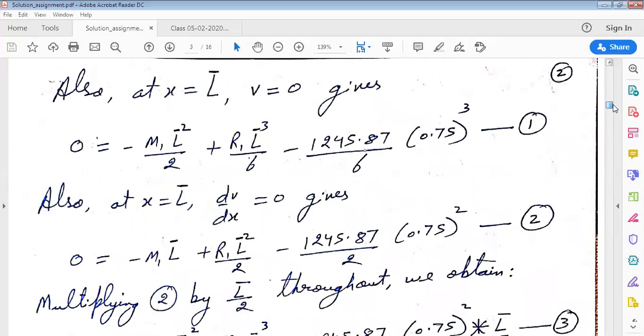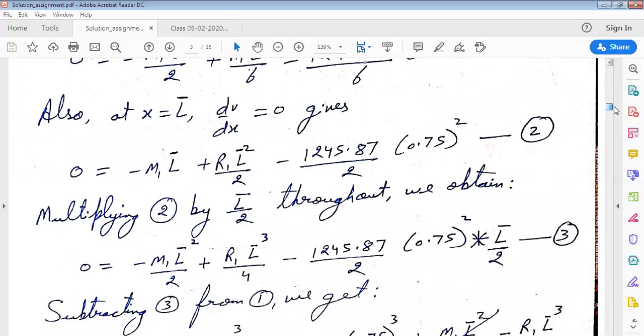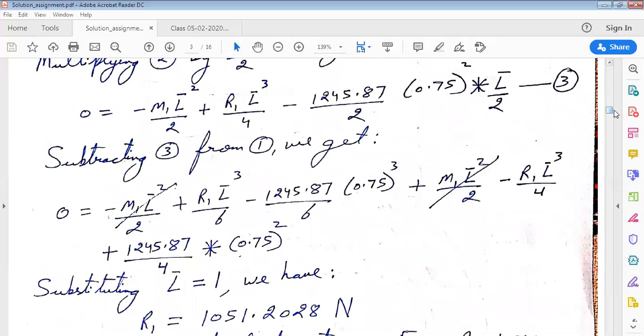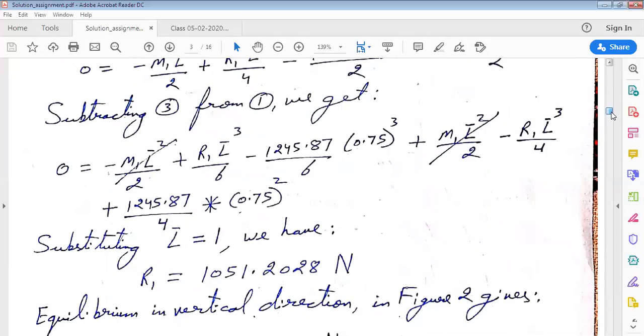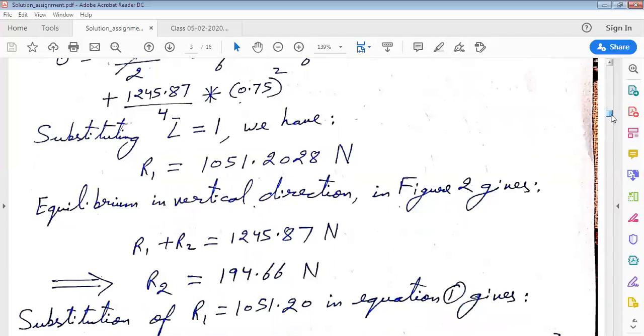So this gives us another equation, equation number 2. Multiplying equation 2 by L bar by 2 throughout, we obtain equation 3. Now, subtracting equation 3 from equation 1, we get another equation from where we can find out the value of R1 as R1 equal to 1051.2028, and considering equilibrium in the vertical direction, we get R2 equal to 194.66 Newton.